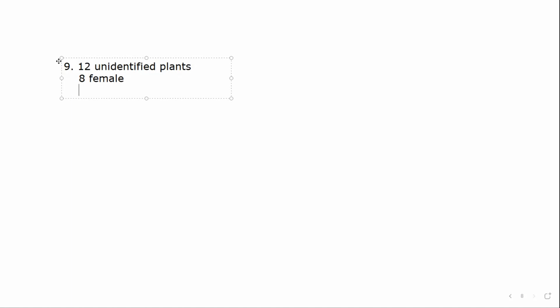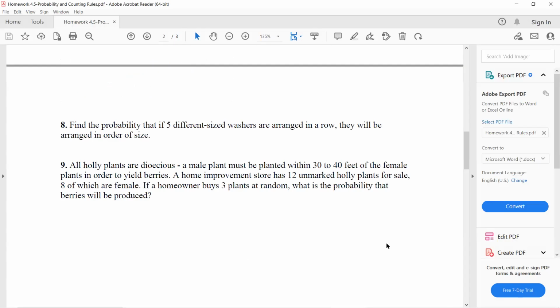So here, I'm going to say that there's 12 minus 8, or 4 male plants. Now, here's the situation. If a homeowner buys 3 plants at random, because they're unmarked anyway, I'm going to buy 3 plants, and I'm going to hope that I get berries.